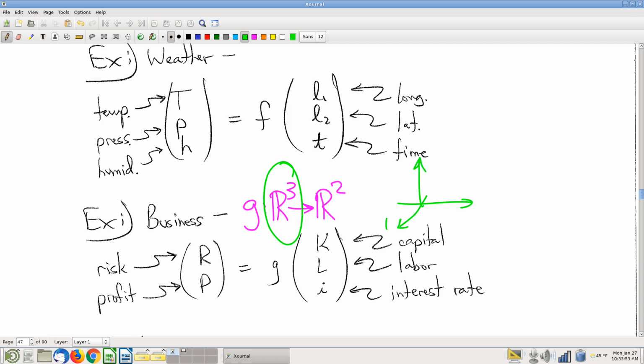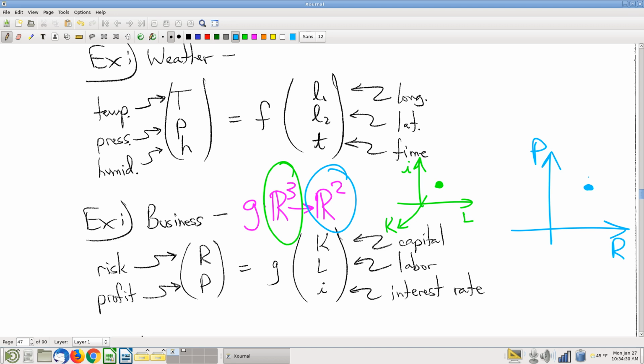Maybe the axes are the K, L, and I axes. An input to this function I can visualize as a point in that domain, the KLI space. That's my domain. Now what happens to it? Well, it goes into this g function, and then out comes some point in R2 with variables r and p. So r and p axes, and the output will be maybe some point there.